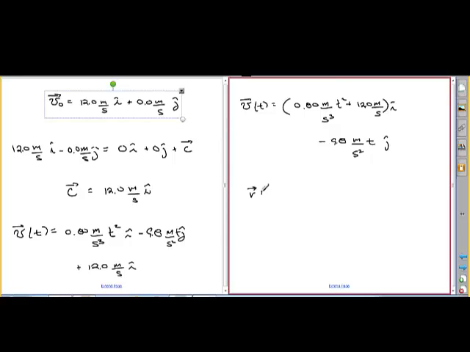Okay. So that's my velocity vector. Now the displacement vector, which I'm going to call R, not X, R of t, is the integral of the velocity vector times dt.